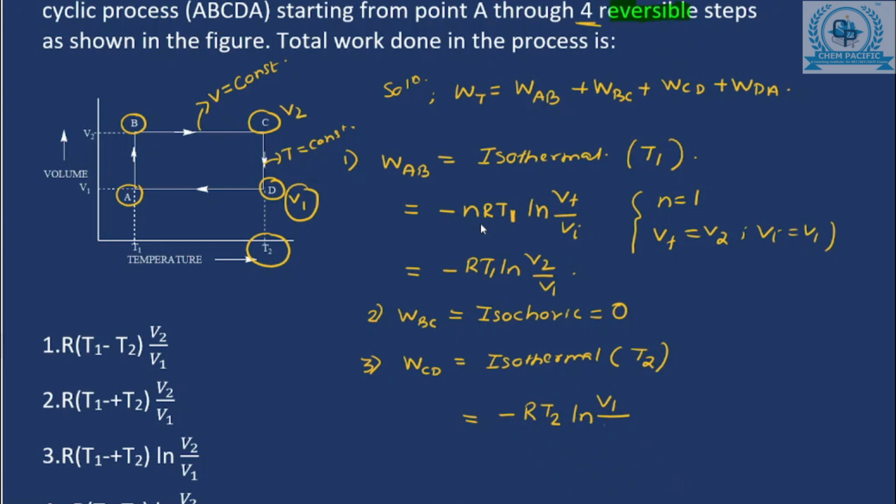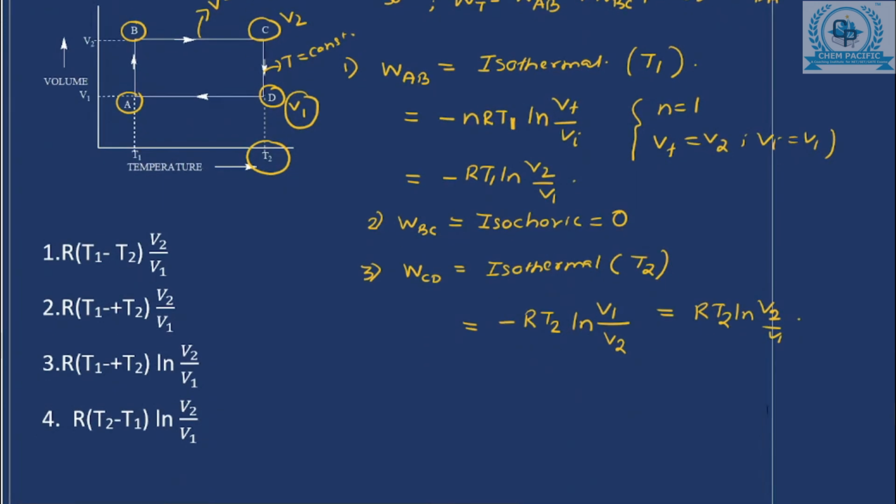V2. सो यू कैन चेंज इट टू R T2 ln V2 by V1. कैलकुलेशन में आप ऐसे कर सकते हो, बट रिप्रेजेंटेशन में नहीं कर सकते हो. वो बहुत अच्छे से मैंने एक्सप्लेन किया है वर्क डन वीडियो में, वो ज़रूर देख लेना. कब हम कैलकुलेशन में यूज़ करते हैं, कब हम रिप्रेजेंटेशन में वर्क डन कैसे करते हैं.